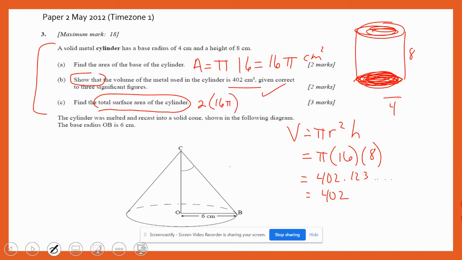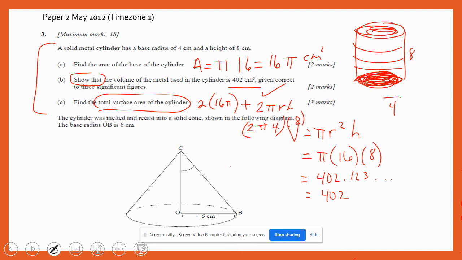And then we need to add to that the lateral area. The lateral area of a cylinder is 2 pi r h, so a circumference times the height. So 2 times pi times r, or circumference, sorry, not circle, times 8.